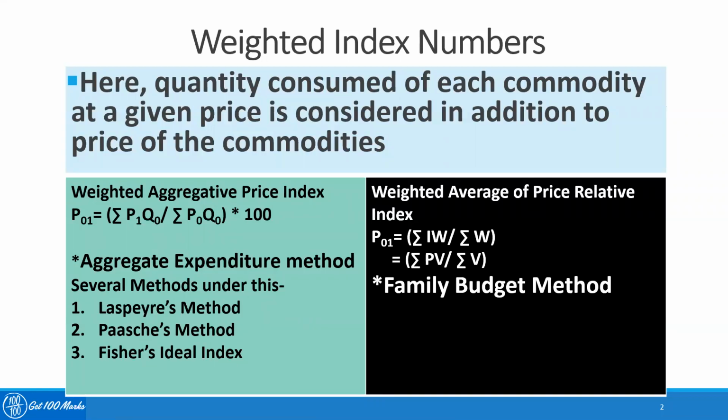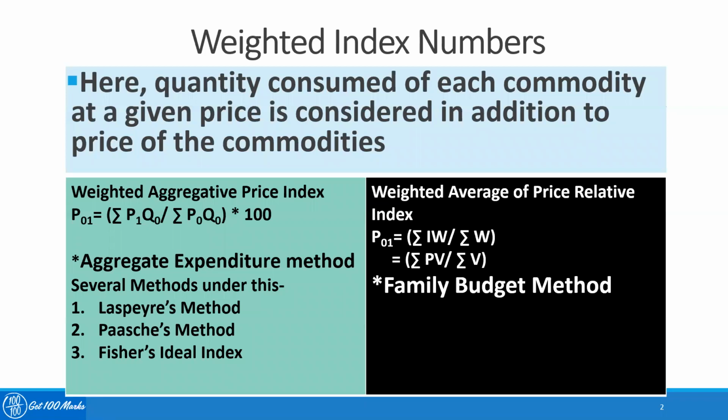But when a family is trying to find the total expenditure, definitely the quantity consumed by them should be considered. Otherwise, it's meaningless only considering the price. In that sense, weighted index number is more complete in nature and very useful in calculating index number.